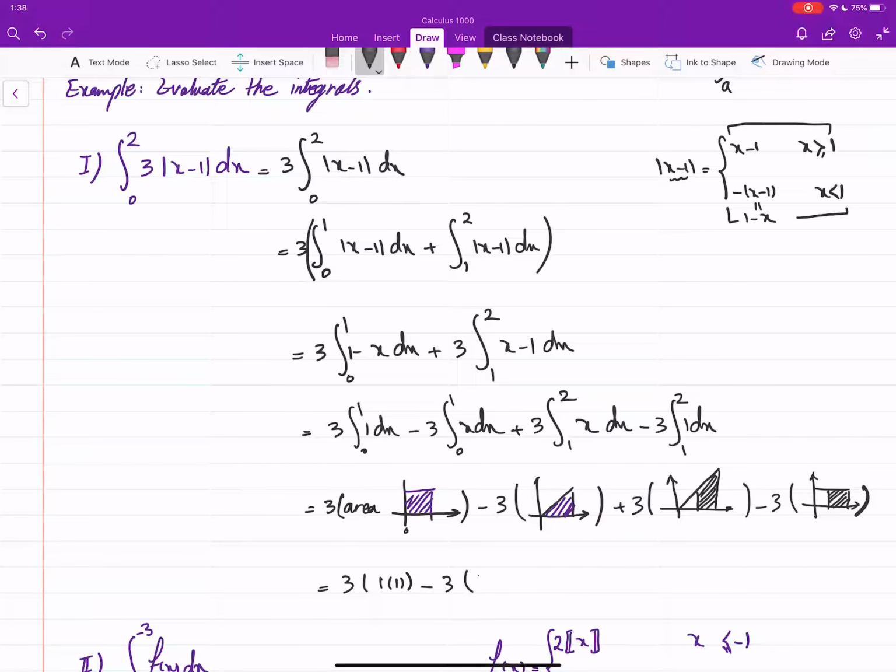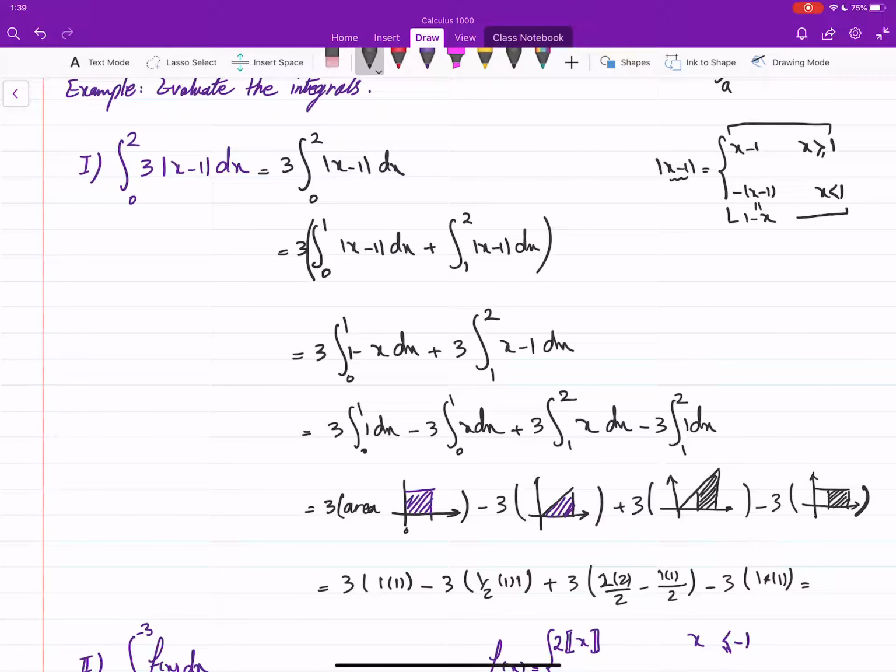So the values here: this is going to be 3 times 1, minus 3 times half of 1 times 1, plus 3 times, well, you see there's a big triangle and a small triangle. This will be the area of the big triangle minus the area of the small triangle, minus 3 times the area of that square there.